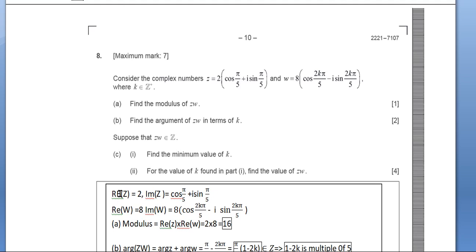Not the real part, I should say it properly: this is the modulus and argument.